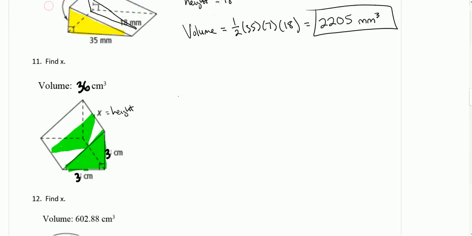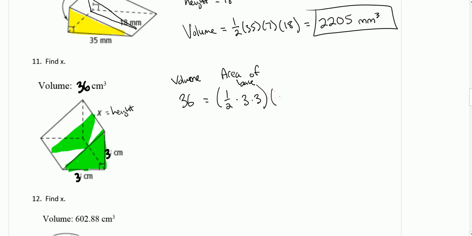And so our volume, 36 cubic centimeters, is the area of the base, which is 1/2 times base times height of the triangle. So this is the area of the triangle, or the area of the base. This is the volume of the prism.